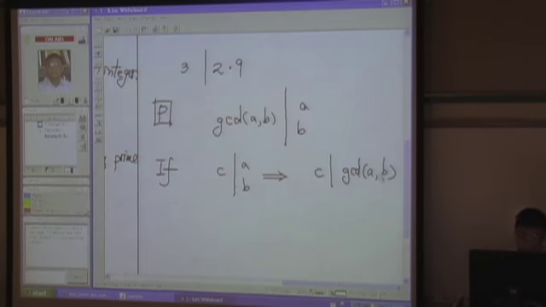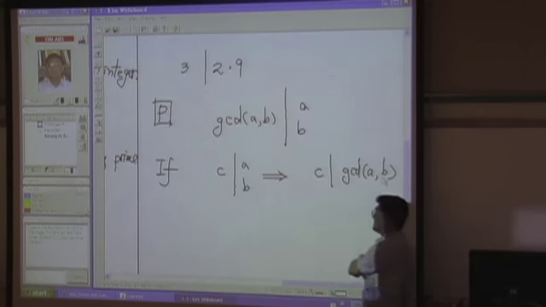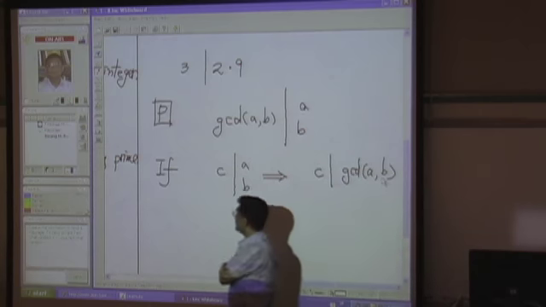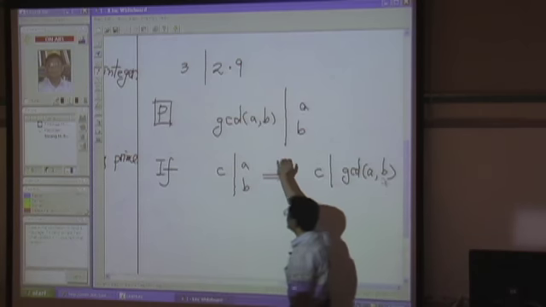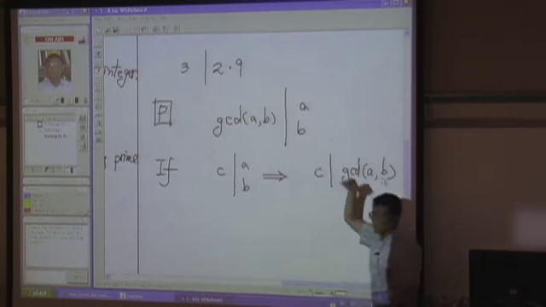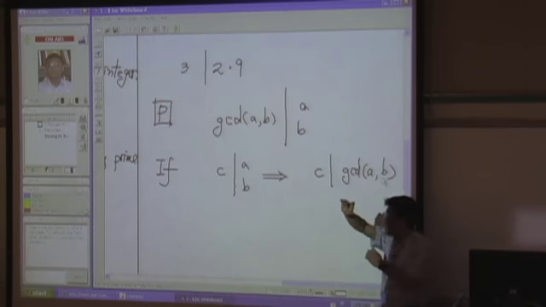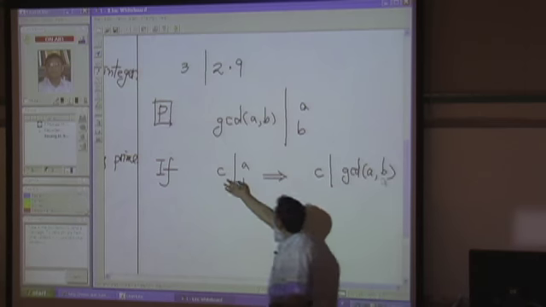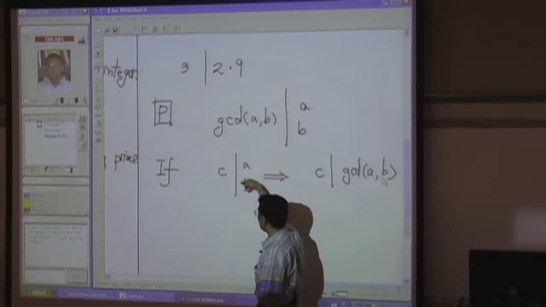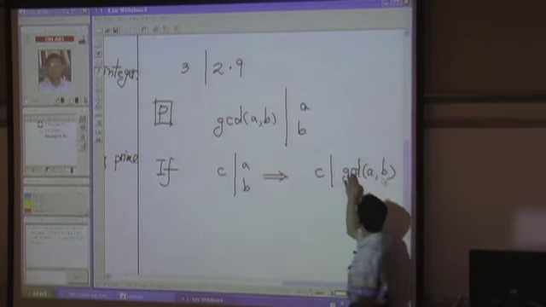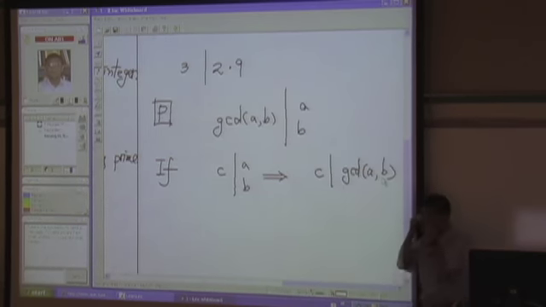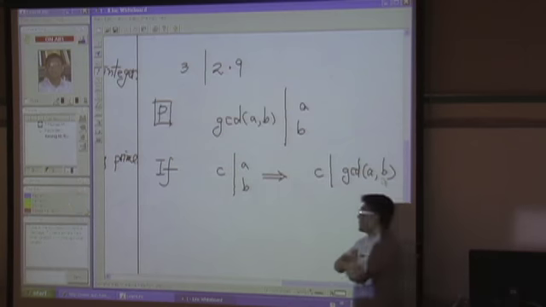This is the conclusion. So I showed you many things without proofs, and later we will return to the proofs of these things. So take a look. The top one is the fact: the GCD divides both A and B. If some number divides both A and B, then this number must divide the GCD of A and B. So take a look.